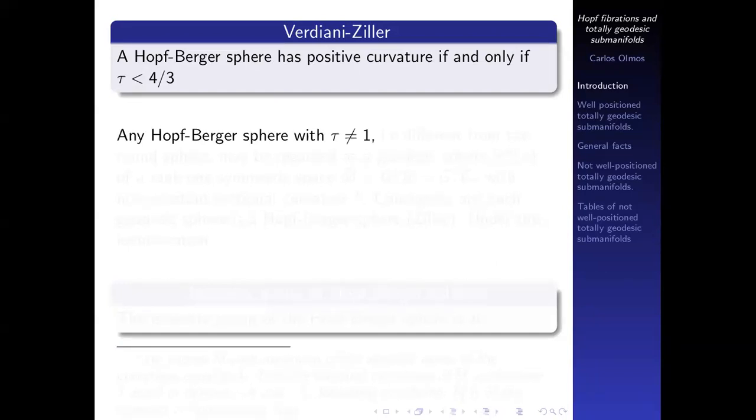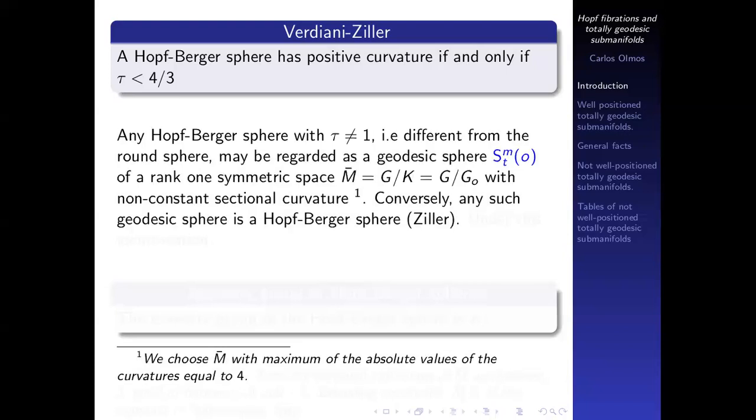Moreover, any Hopf-Berger sphere with tau different from 1, of course not the round sphere, may be regarded as a geodesic sphere. This is very important for our purpose. Any Hopf-Berger sphere may be regarded as a geodesic sphere of a rank 1 symmetric space with non-constant sectional curvature. And conversely, any such geodesic sphere is a Hopf-Berger sphere.